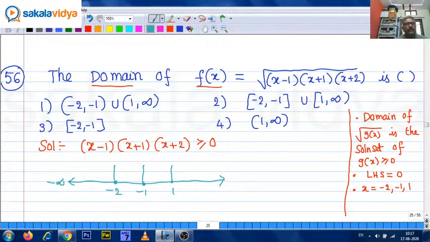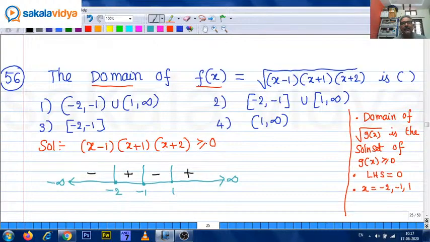This is positive infinity, this is negative infinity, this is positive infinity. Sign scheme, we need to follow like this. So what is the sign scheme here? This is plus, then odd power, minus, this also odd power, plus changes to minus.